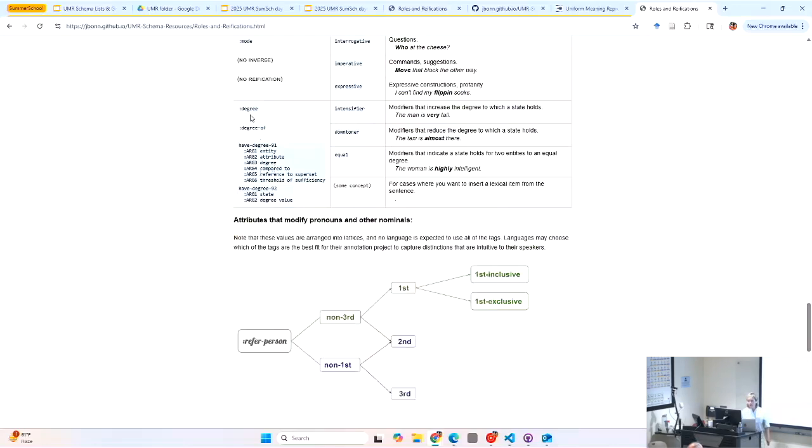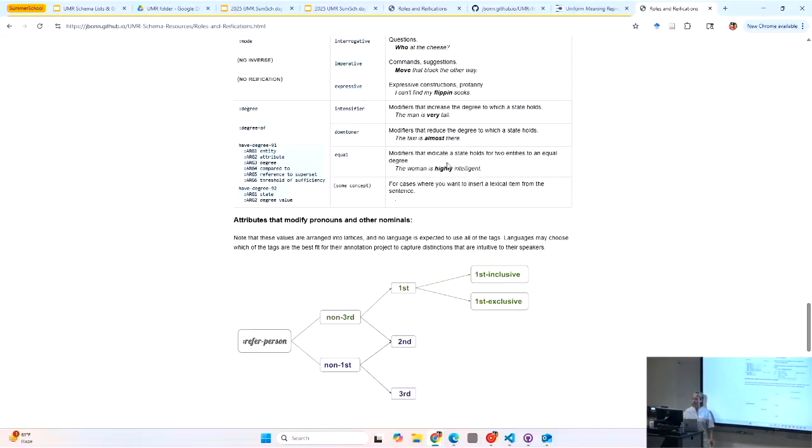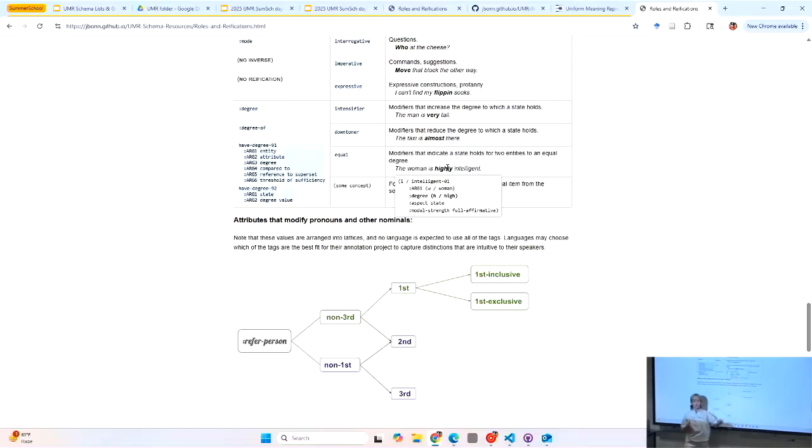But this role, you can still annotate the way that you would have in UMR. So, "woman is highly intelligent." You can still put degree high with the concept from the sentence if you want to. But you could also say you don't want to put that word in the graph, and you could just put intensifier, the constant value. So there's two options for degree.